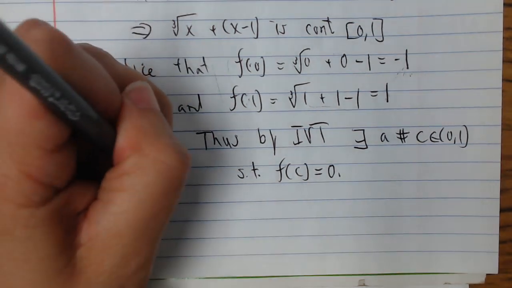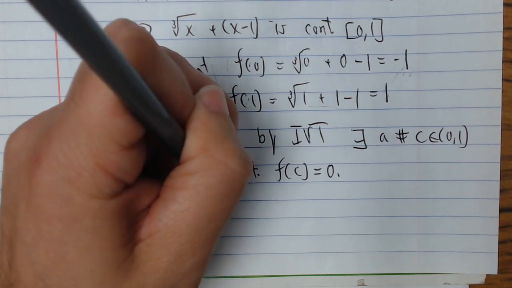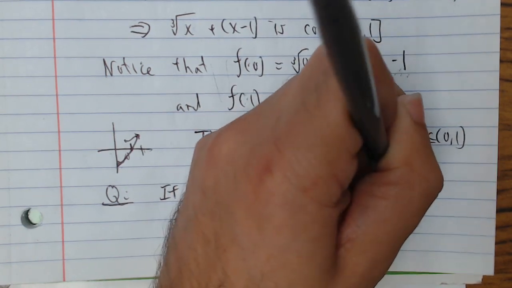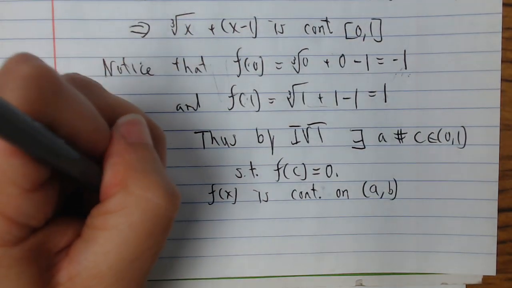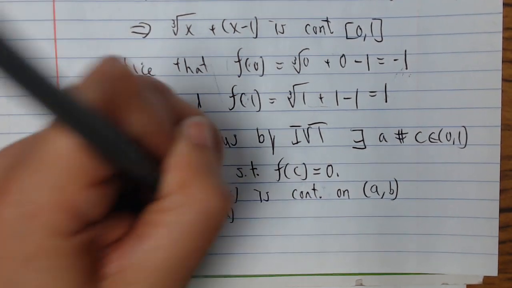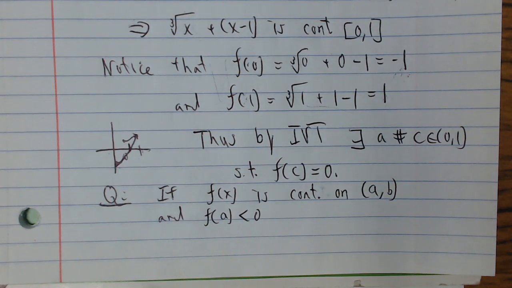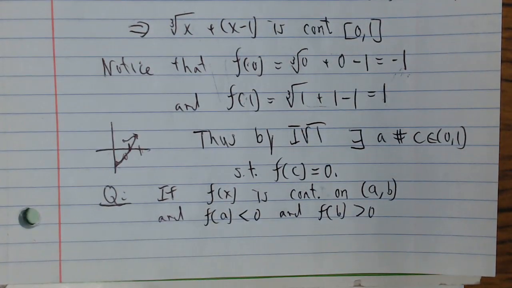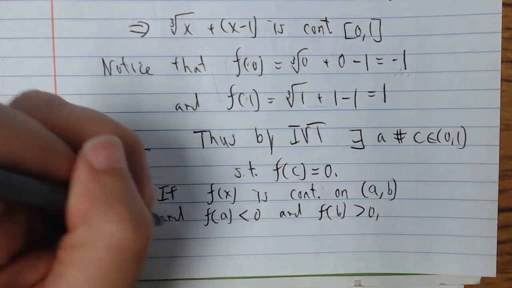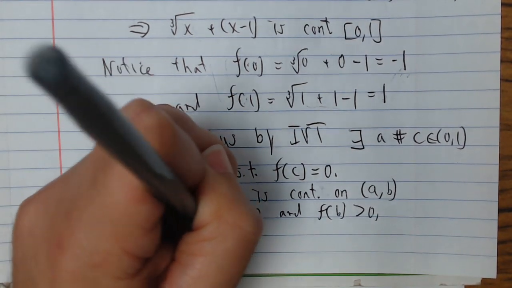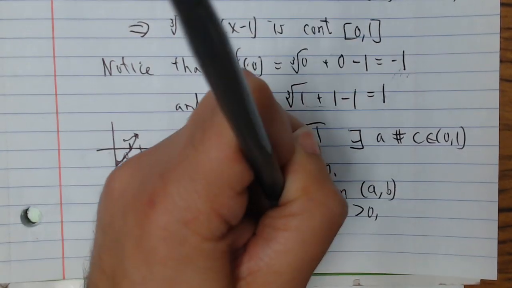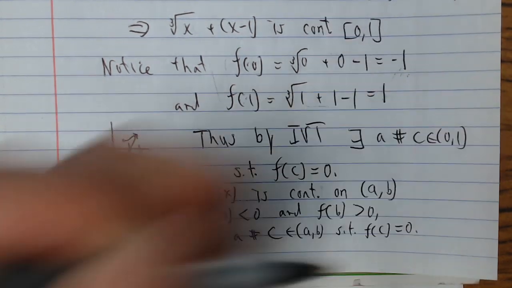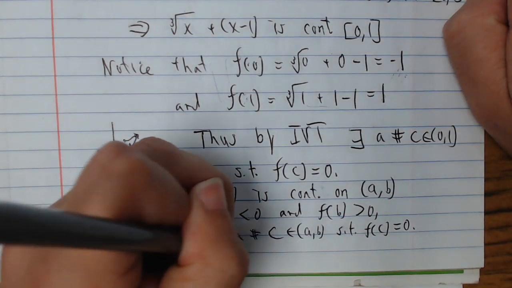My question to you is, if f of x is continuous on the open interval from a to b, and f of a is less than 0, which means f of a is negative, and f of b is greater than 0, which means f of b is positive, then there exists a number C in the open interval from a to b such that f of c equals 0. So now my question to you is, true or false?